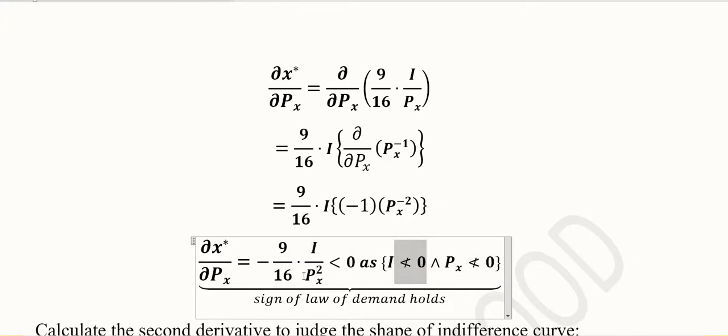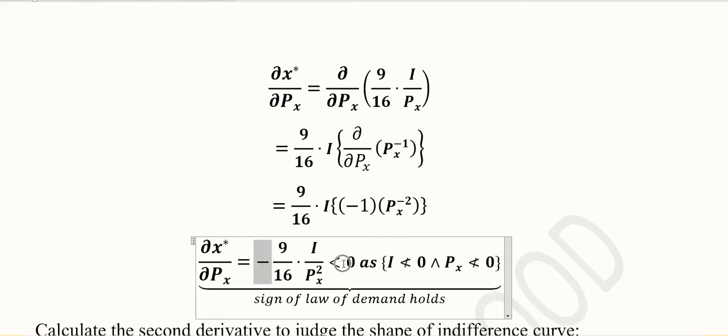And the price of x is definitely a non-negative value, it cannot be negative. So both of these variables or parameters are non-negative, due to which this expression will be non-negative, and this is also already a positive value. So when we solve these two expressions, we get a positive answer, and this negative sign actually reduces that positive answer into a negative answer.